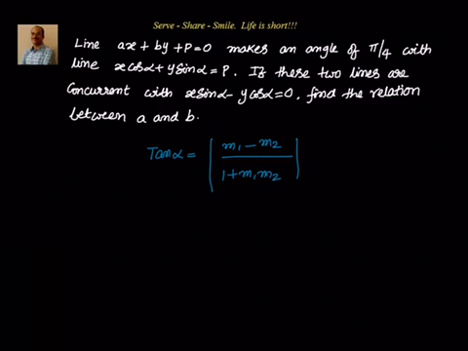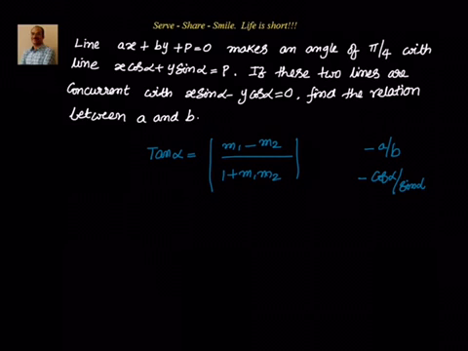So the slope of ax plus by plus p equal to 0 is minus a by b. And the slope of x cos alpha plus y sin alpha equal to p is minus cos alpha by sin alpha. How did we get that? Convert it into y equal to mx plus c, or for ax plus by plus c equal to 0, the slope is minus of a by b. Now let's substitute these values.